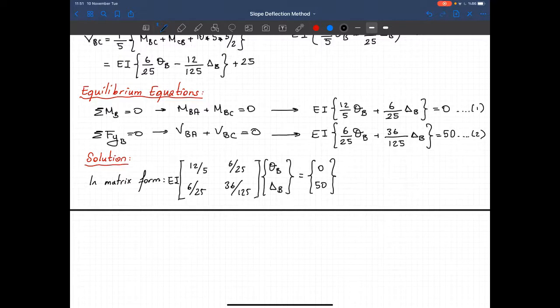When you solve the system of linear equations, we obtain delta B equal to 189.4 divided by EI, and theta B equal to minus 18.94 divided by EI.